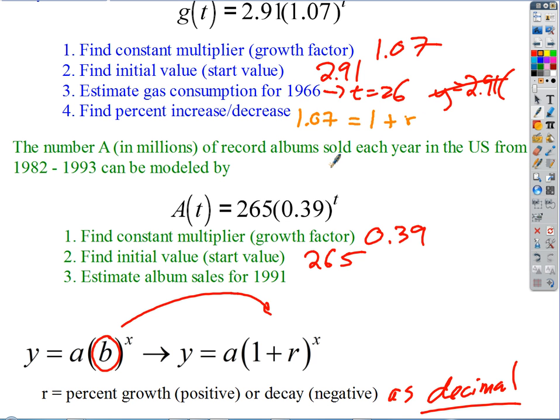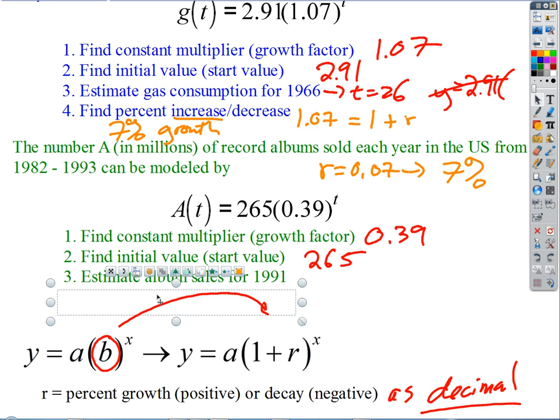So if R equals 0.07, that becomes how many percent? 7. I moved the decimal over 2 places. 7%. And because it's positive, we would say that our answer is 7% growth or increase. Okay? So in other words, the gas consumption is increasing at a rate of 7% per year. Okay? What about this other example down here? Let's look at this guy again.